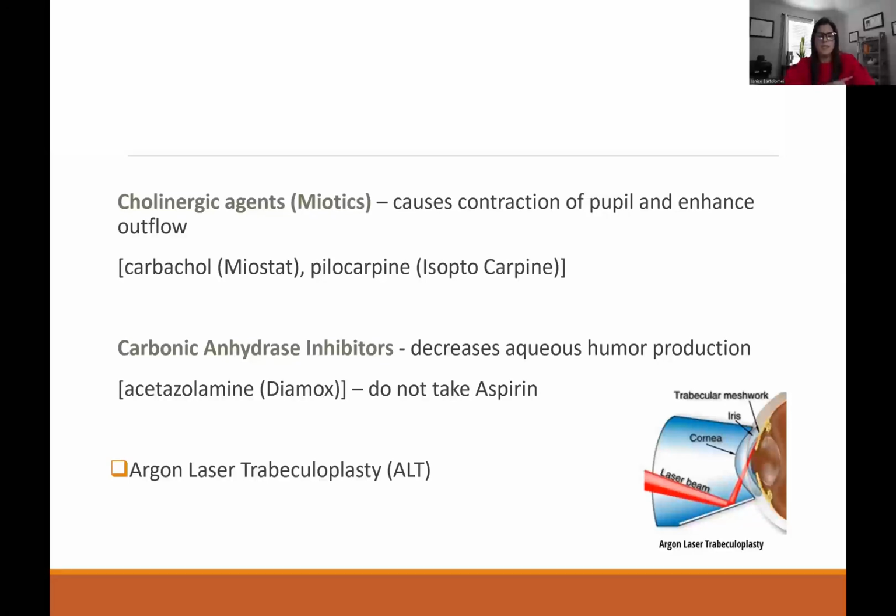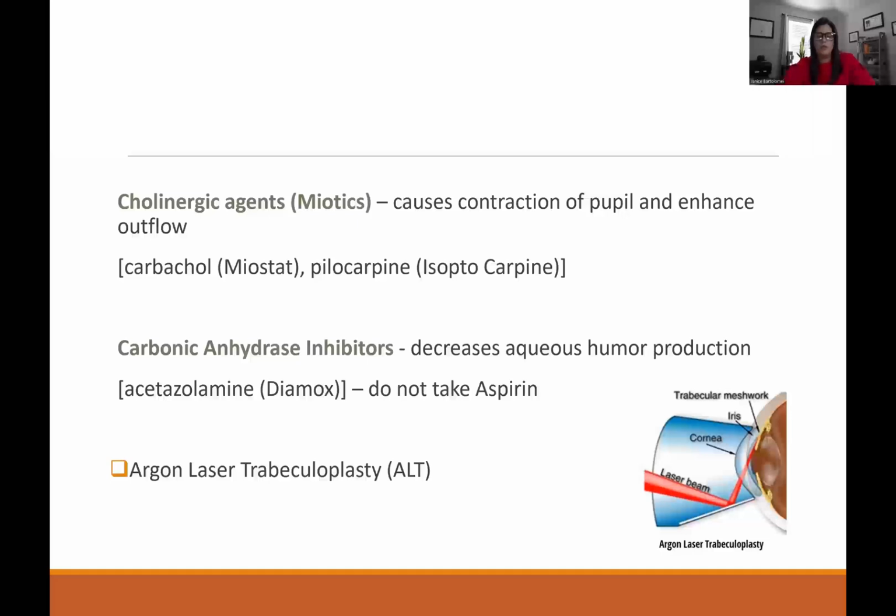There is a laser procedure called argon laser trabeculoplasty. It's fairly non-invasive, usually an outpatient procedure, and it lowers the intraocular pressure, or at least tries to lower it when medications have failed.